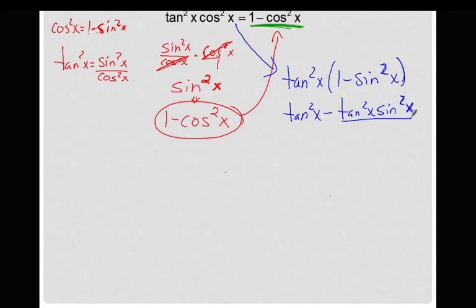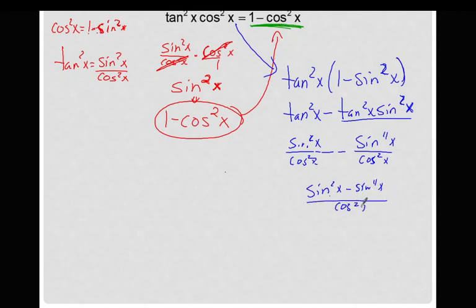But I would have ended up getting the same place. It would have been sine squared over cosine squared minus sine to the fourth over cosine squared. And then you would have gotten sine squared x minus sine to the fourth x over cosine squared x.